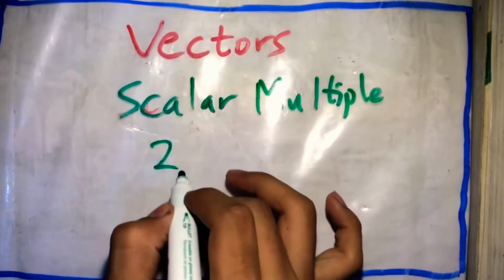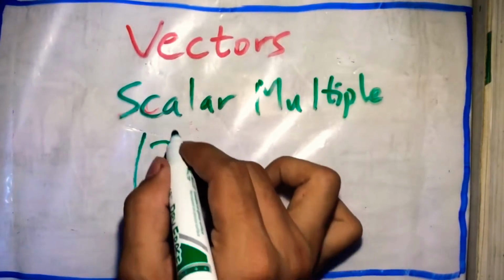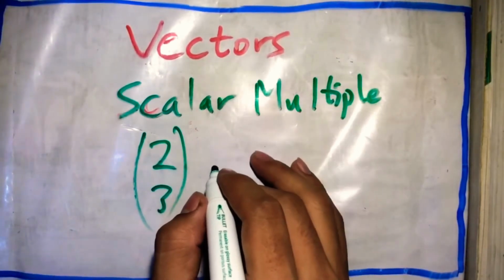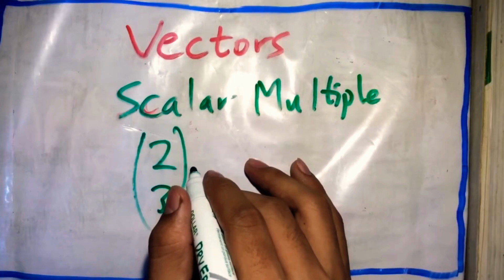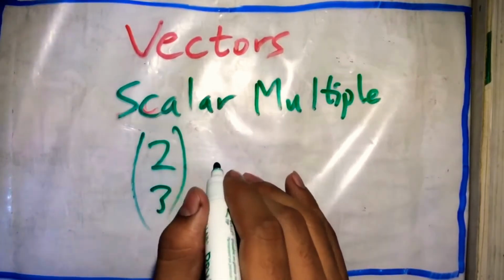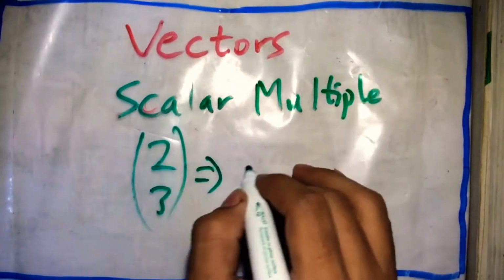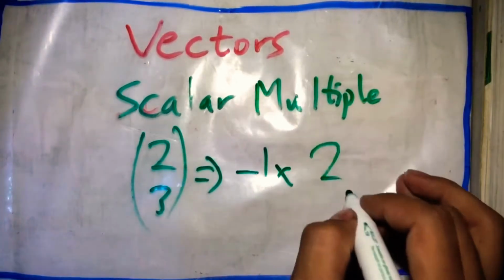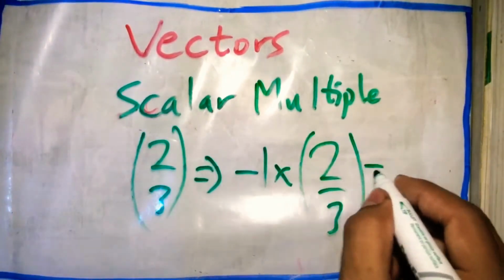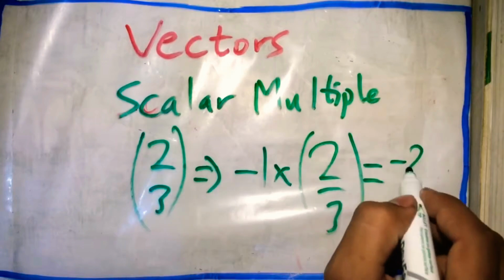If we have a vector (2, 3) and we have to find the vector which is opposite in direction but equal, we would multiply this by -1. So the vector opposite to (2, 3) would be (-2, -3).